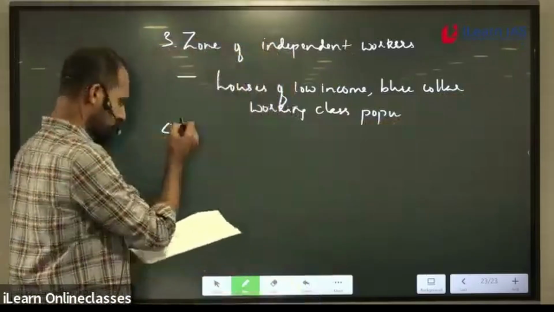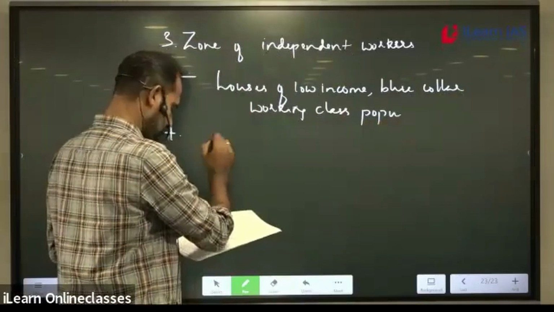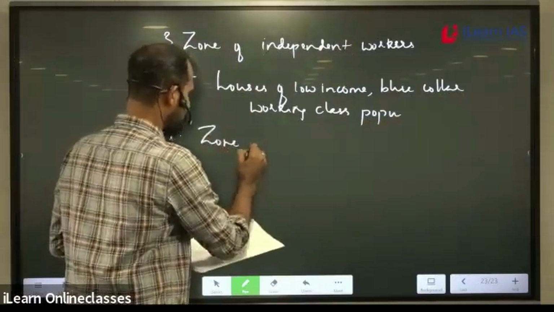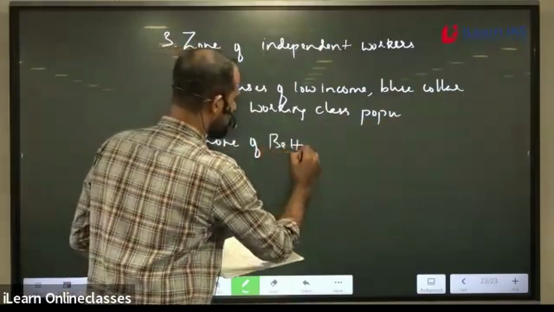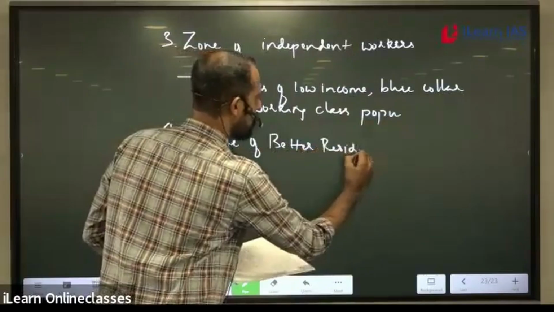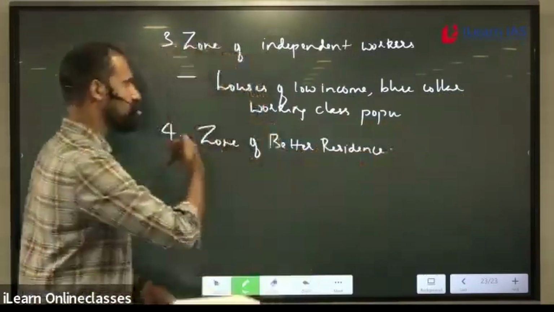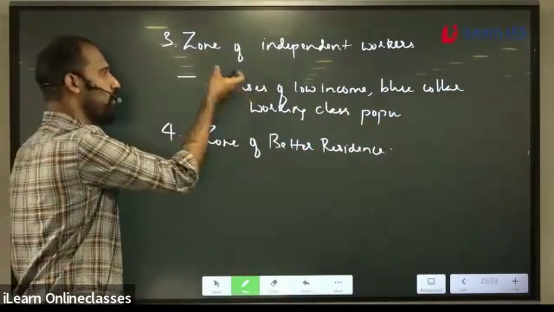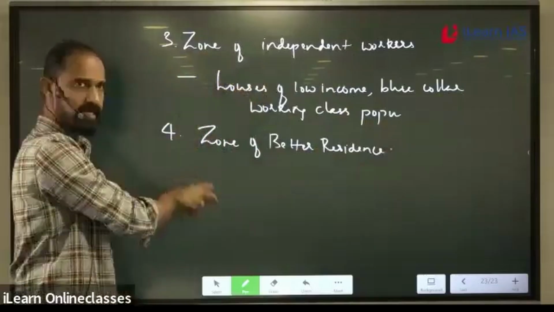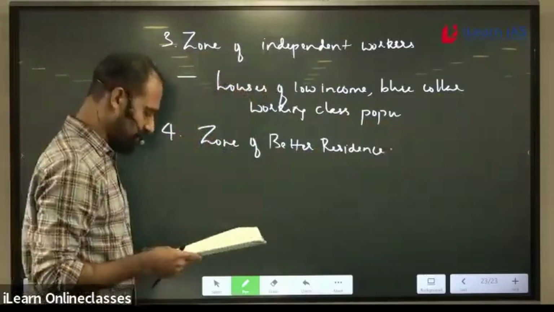Now, the next two zones are easy. Next is the zone of better houses, the zone of better residence. This you can consider as lower middle class. The middle class and upper middle class will opt for this type.